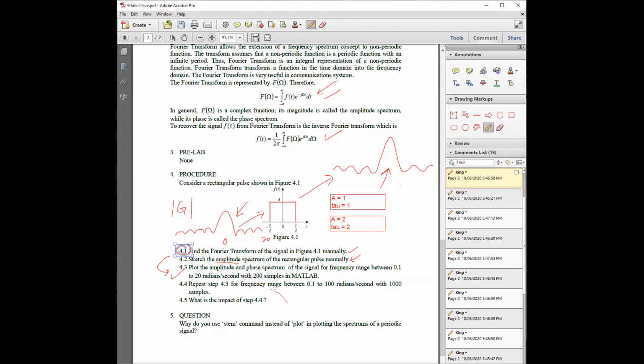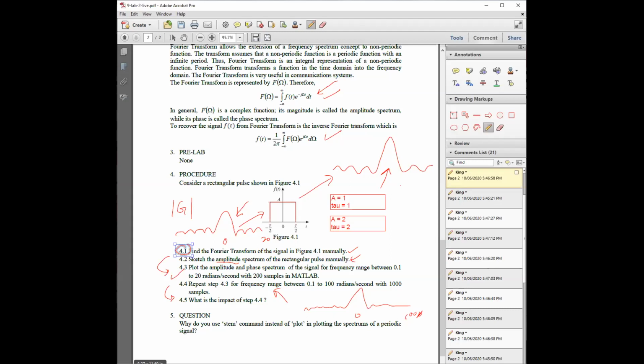Then the second question, 4.4, asks you to plot it from 0 to 100 radians per second. All right, and then we'll ask you what is the impact of plotting with a different range.